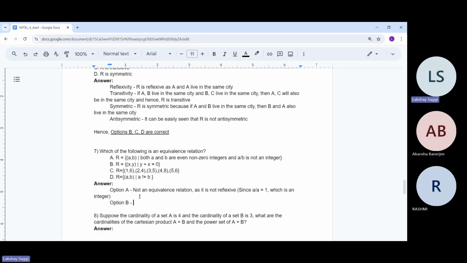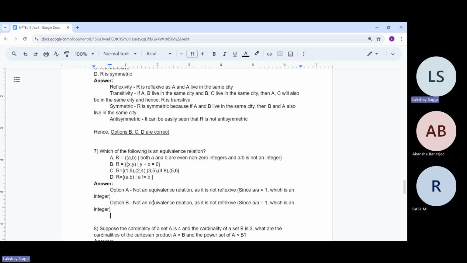Now we come to option B. Option B says the elements of the form x, y, where y plus x is equal to 0. Again, the same sort of arguments will apply. This will also not be reflexive, so not an equivalence relation as it is not reflexive. And why is this the case?